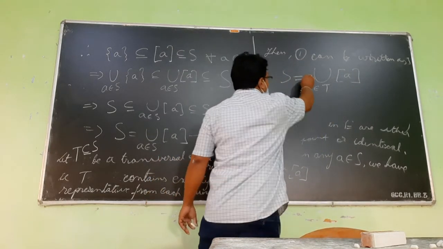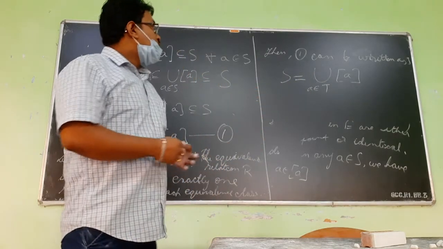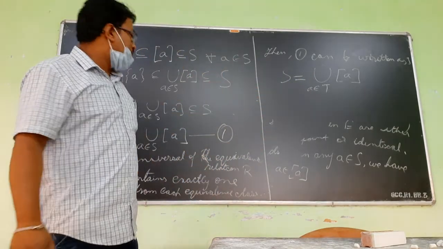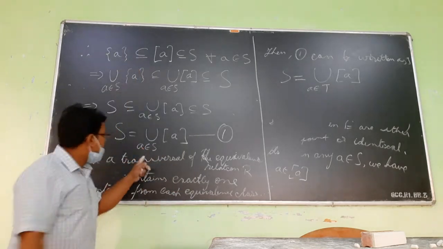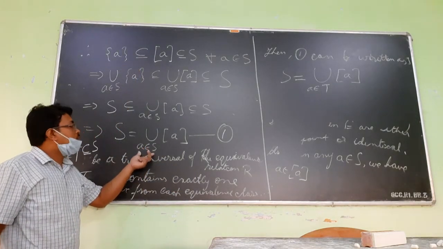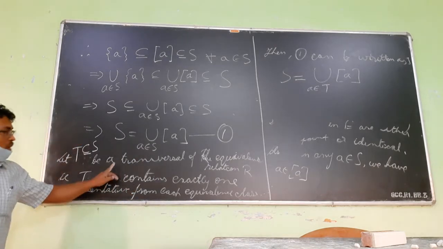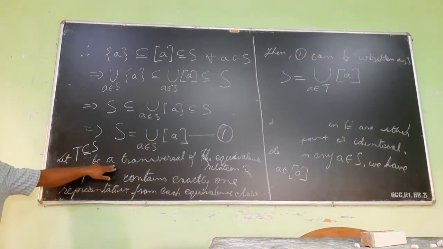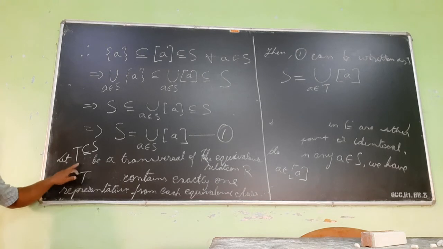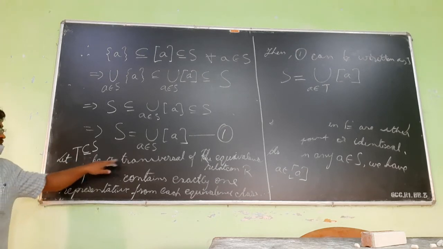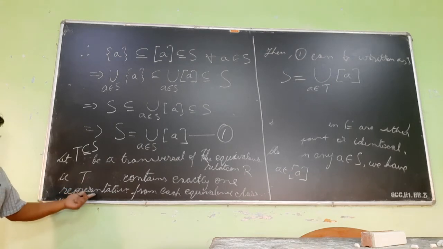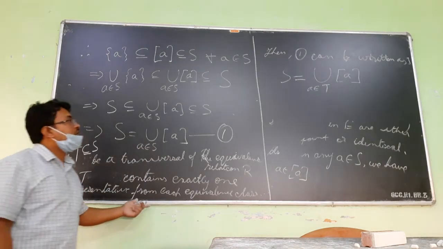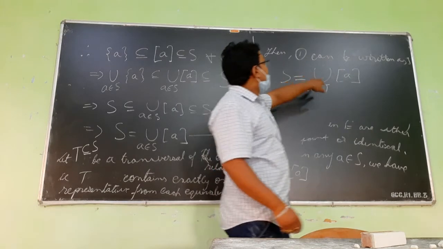So here I have avoided the repetitions. Okay. So this union contains all distinct equivalence classes. Okay. So instead of taking A from the whole set, we are taking A from one of the transversals. Okay. So there may be many transversals. So that is why I have written let T subset of S be a transversal of the equivalence relation R. Okay. So T contains only one representative from each equivalence class. So therefore E can be written as this. Okay.